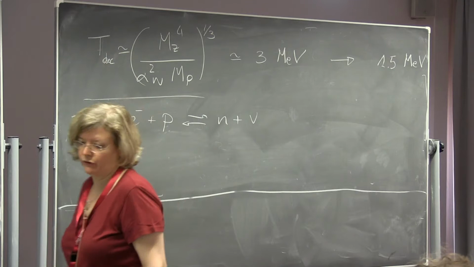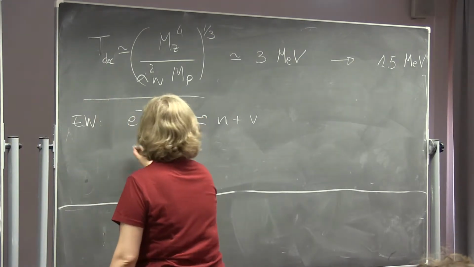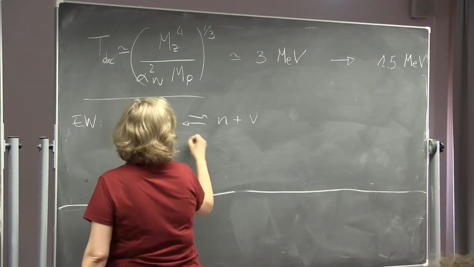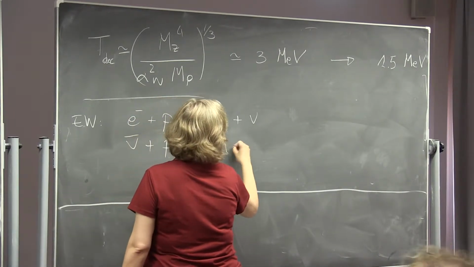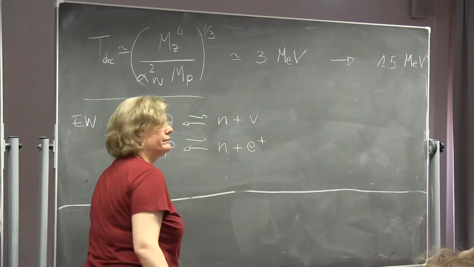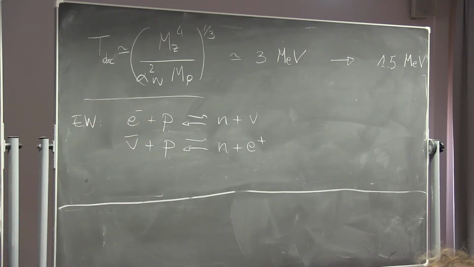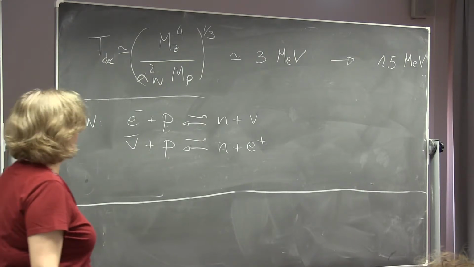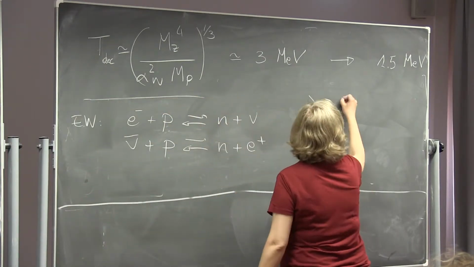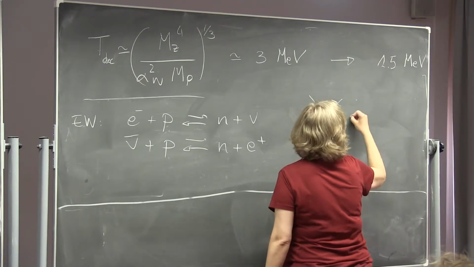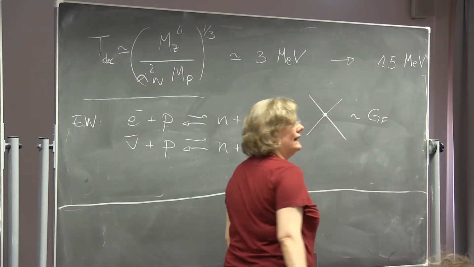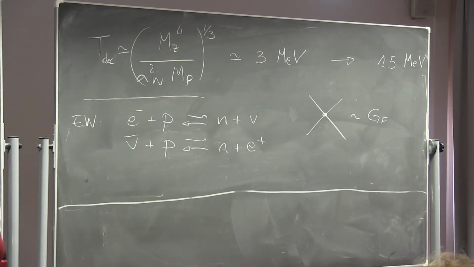Or you can have the other one, proton plus neutrino going into a neutron and e plus. And these processes are exactly what keeps in equilibrium the protons with the neutrons. And there is again only the interaction through the Fermi coupling which gives you this type of processes. So it's not a surprise that they decouple at more or less the same temperature as the others. I'm not going to do the computation here.